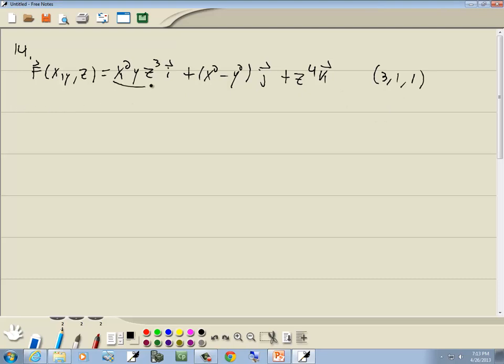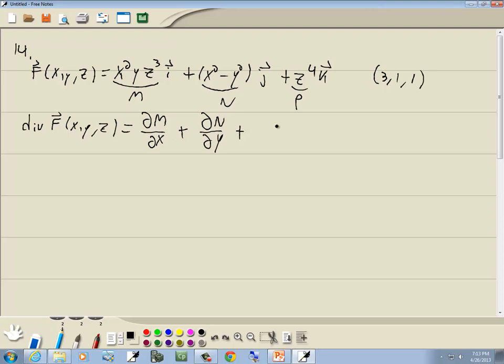Okay, well this is M, this is N, and this is P. And our divergence of F is going to equal the partial of M with respect to X, plus the partial of N with respect to Y, plus the partial of P with respect to Z. So for the partial of M with respect to X, the Y Z to the third remain, and the derivative of X squared is 2X.